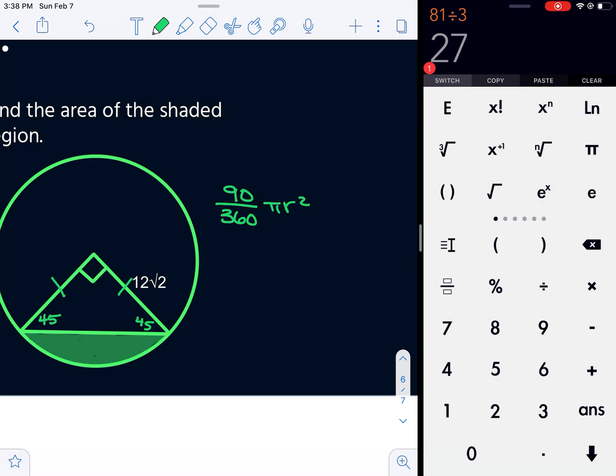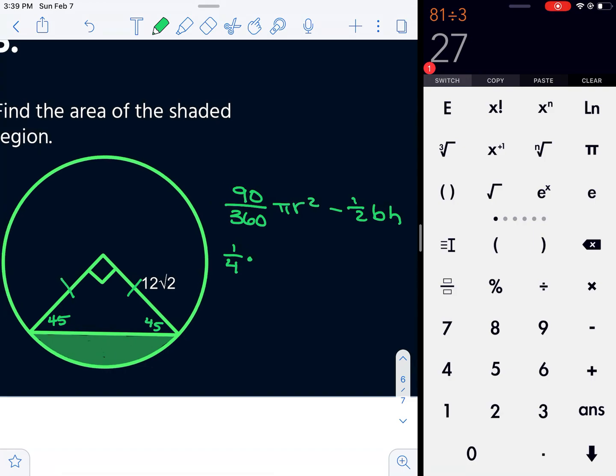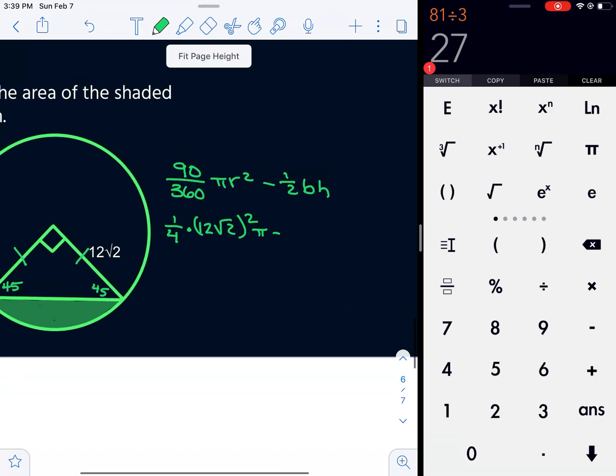And then I'm going to cut a triangle off of that. So I have a 4th times, my radius is 12 square root 2. And I'm squaring that times pi. Minus the base and height of my triangle are both 12 square roots 2.